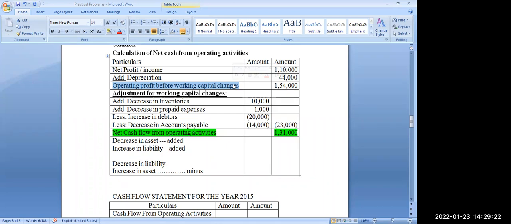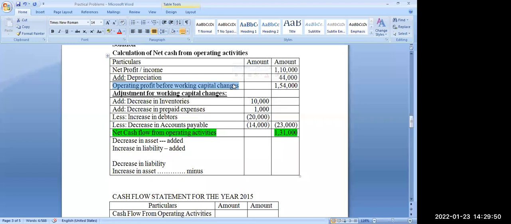I repeat again: to prepare a cash flow statement, we need a balance sheet. We need the income statement for 2 years, or some information about these 2 years from the account and income statement. Second point, when you scan through the balance sheet, you will come across 4 items only: non-current assets, non-current liabilities, short-term liabilities and short-term assets, that means current liabilities and current assets.